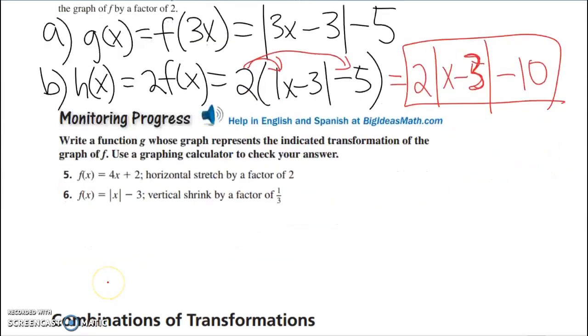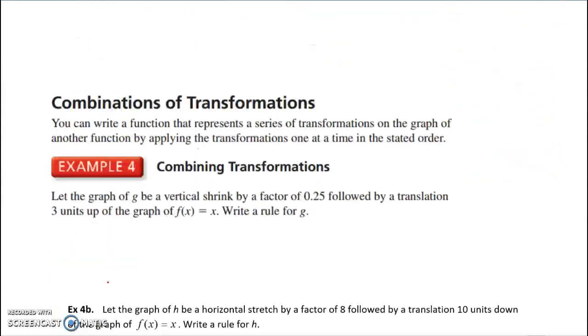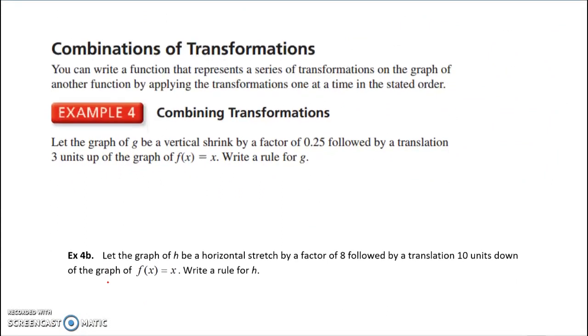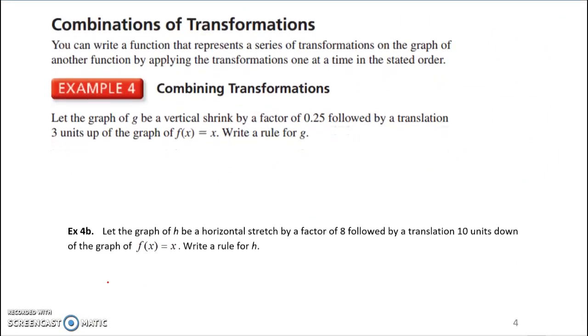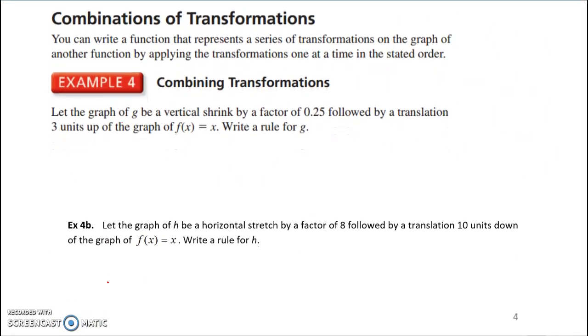If we take a look at example 4, it's combining all of our transformations that we know. So we know g is going to be a vertical shrink by a factor of 0.25, followed by a translation 3 units up. And this is my original f of x.